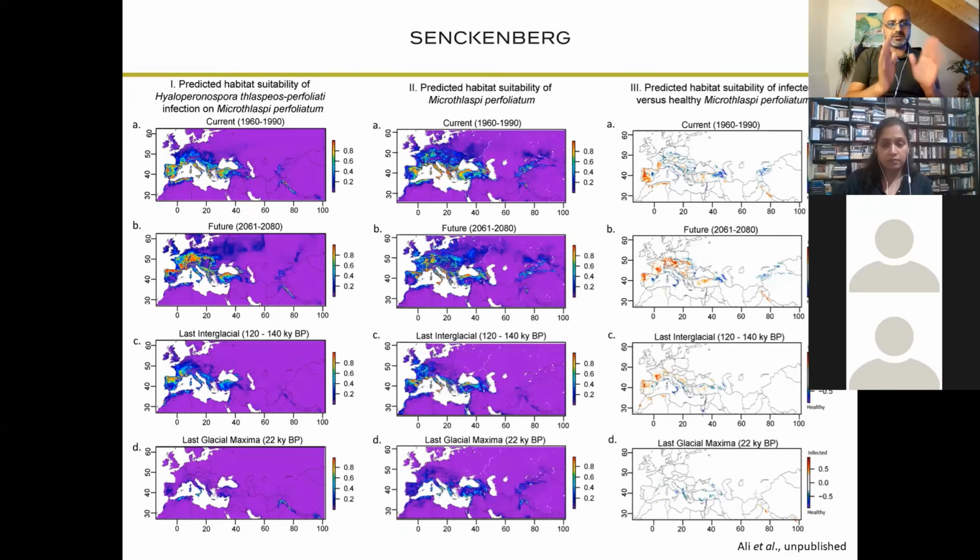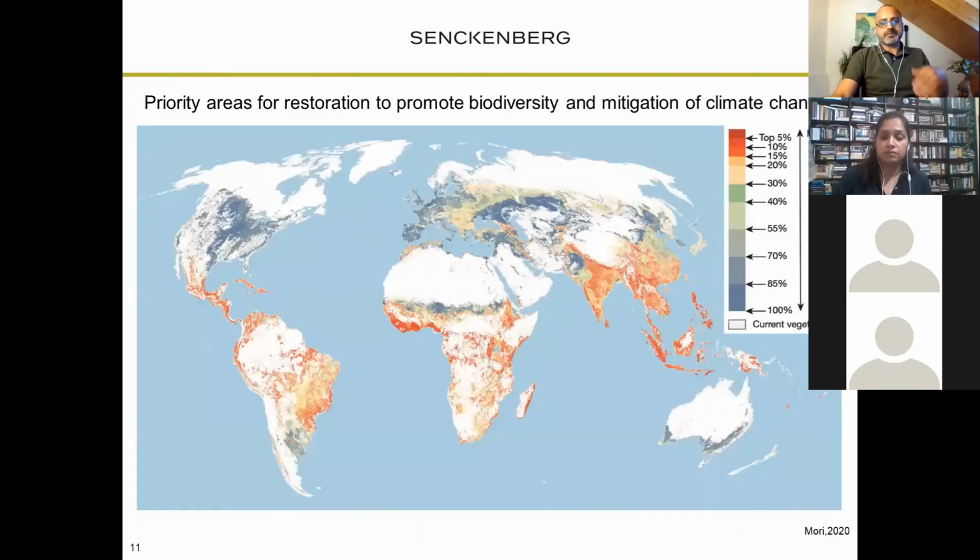So we have to strengthen our research areas, local research teams, universities and faculties who can assess the standing biodiversity and then model it against environmental changes in future. These are the priority areas, modeled by the researchers.